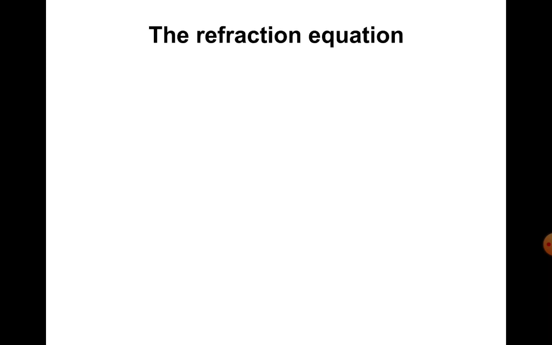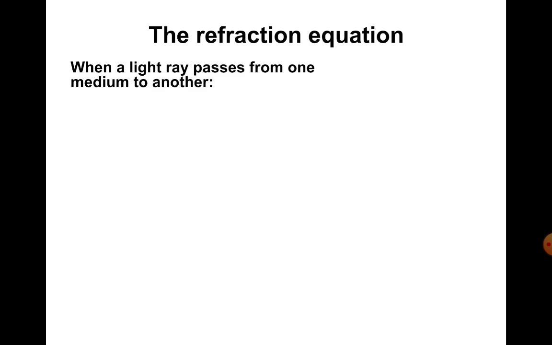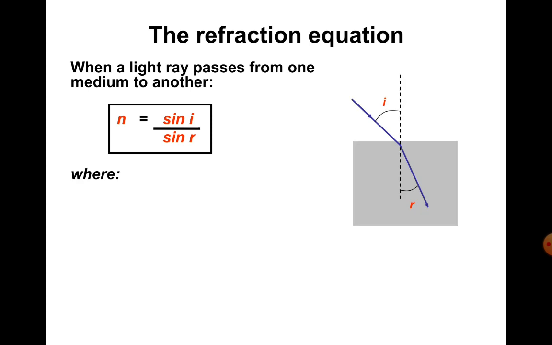Now, for refraction we have an equation, and that is an equation that you have to memorize. When a light ray passes from one medium to another, the refractive index n equals the sine of the incident ray divided by the sine of the refracted ray.